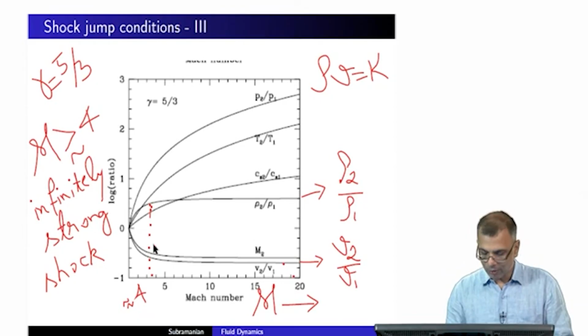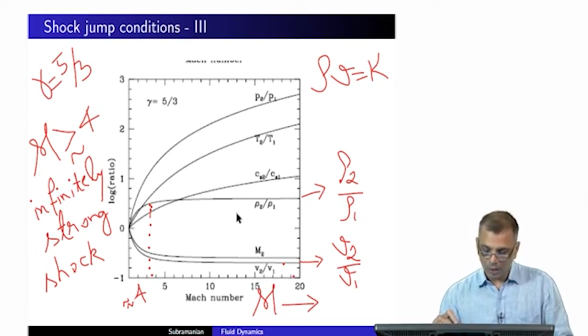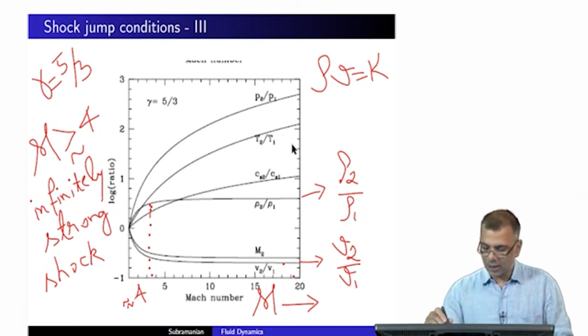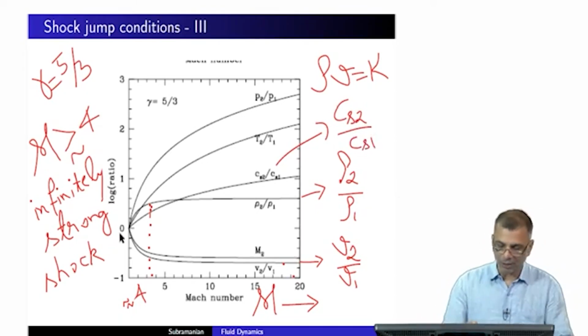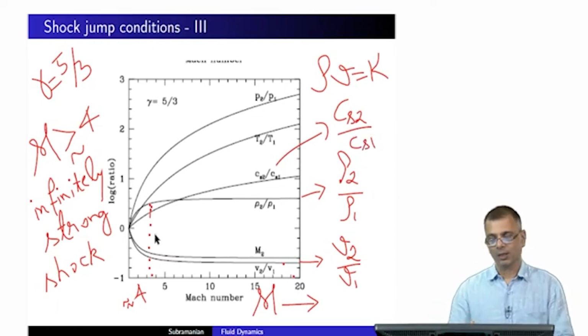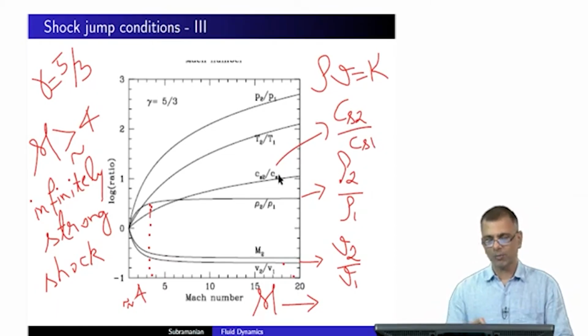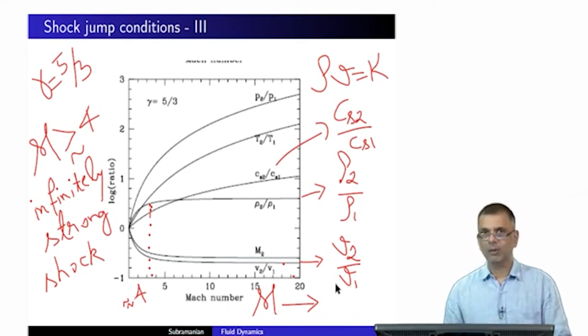That's why all over here, M2 is less than 1. The sound speed ratio, cs2 over cs1, keeps increasing. There is no plateauing of the sound speed ratio, but the increase is quite gentle with increasing Mach number. By Mach number, we mean upstream Mach number.